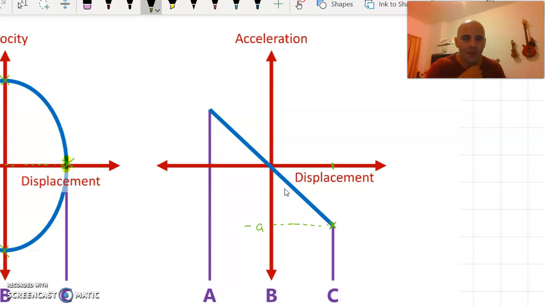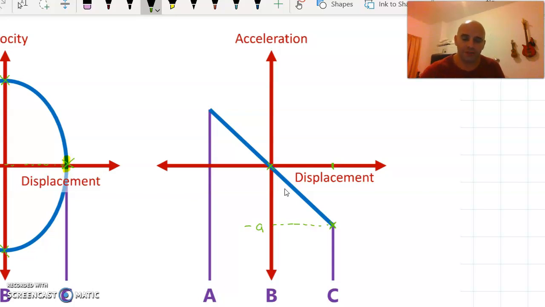Okay, and this continues. As the displacement moves back this way, that acceleration decreases in size until it gets to the equilibrium point, which is here, at which point the displacement and the acceleration both go to zero.